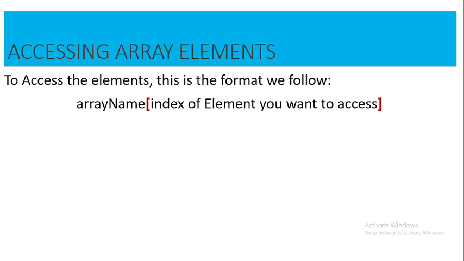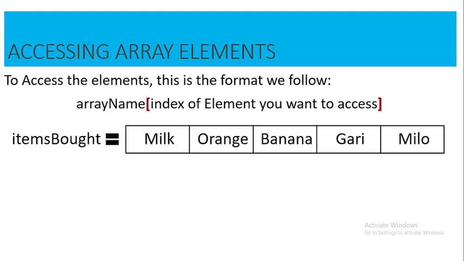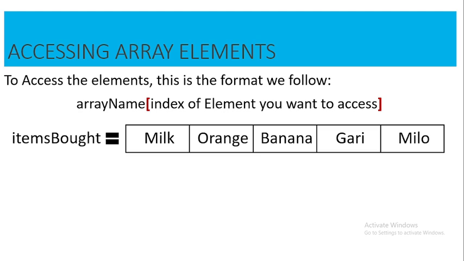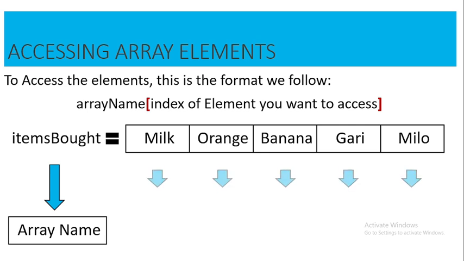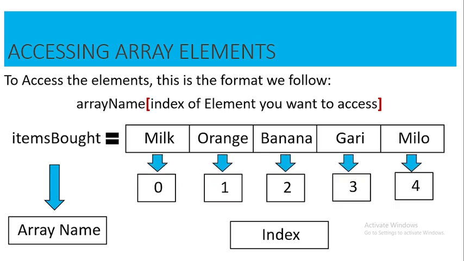Here the array is items-bot, a collection of data, so we use the array name and the index of the element in the array. Indices is the plural form of index.